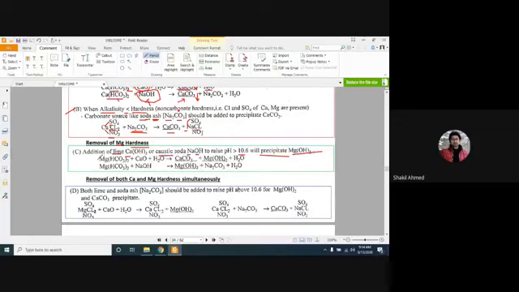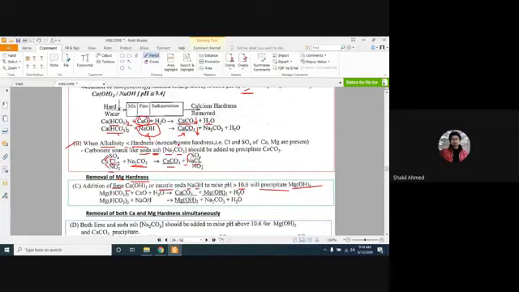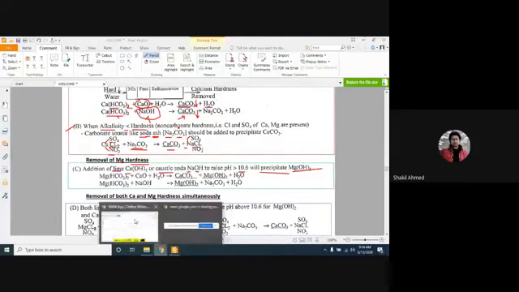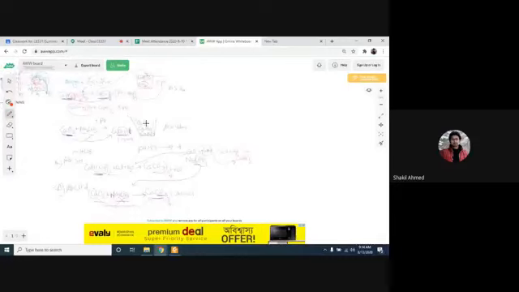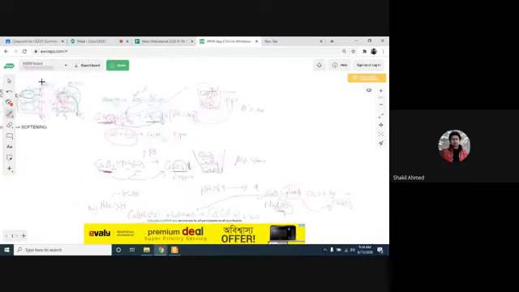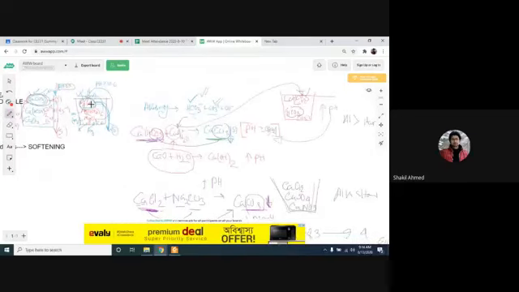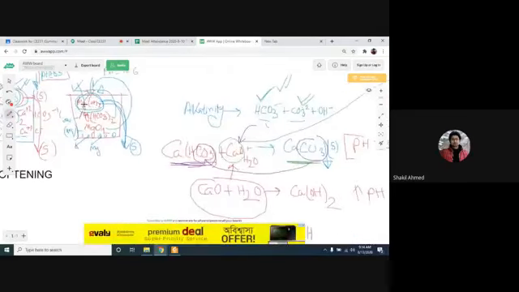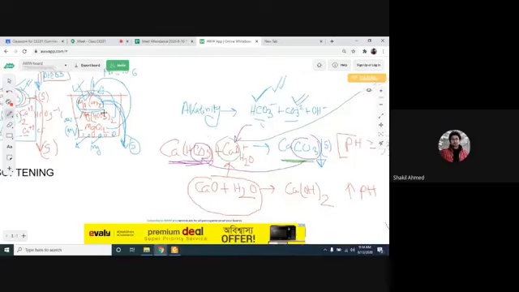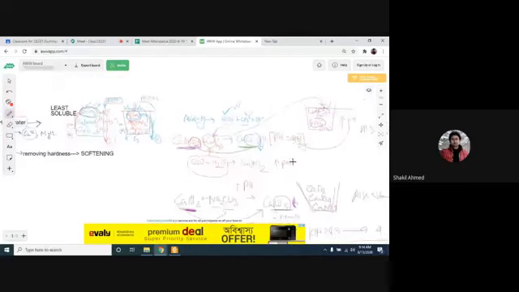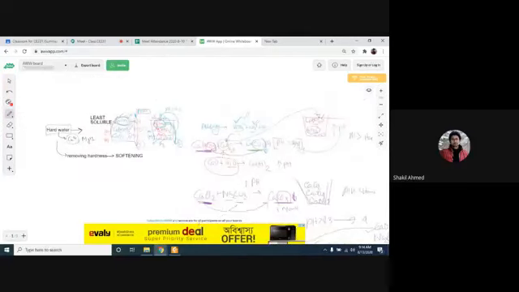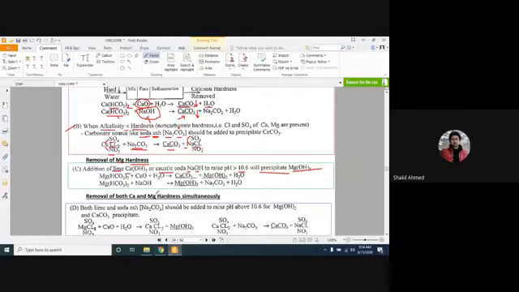Now look here, to precipitate magnesium you need this form, magnesium hydroxide. So there are no carbonate issues here. There is no need to think about which one to use, sodium carbonate or calcium hydroxide. You don't need to think about it.